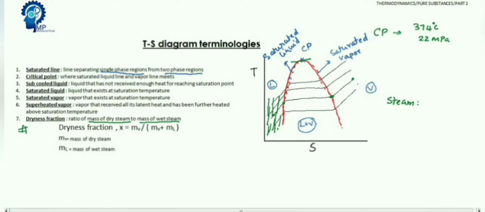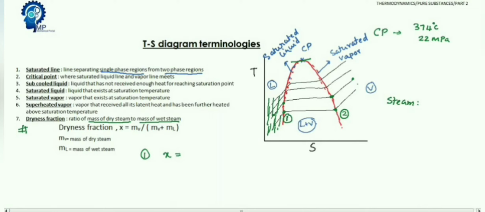Now let us consider these points. Let this be point 1 and let this be point 2. Point 1 is on the saturated liquid line and point 2 is on the saturated vapor line. If we consider point 1, what will be the dryness fraction? Dryness fraction equals the mass of dry steam.